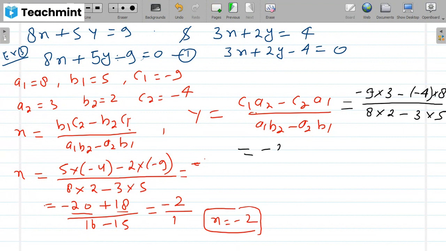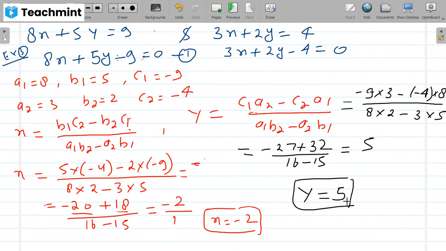So 3 9 ja 27, minus 4 4 8 ja 32, by 16 minus 15, and after subtracting gives 5. 32 में से 27 subtract करेंगे 5, so value of y is 5. So in this way we can find the value of x and y.